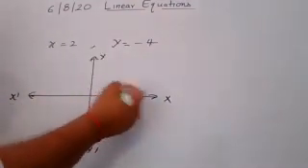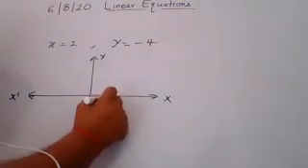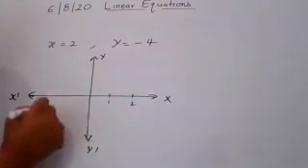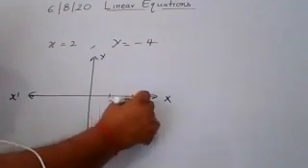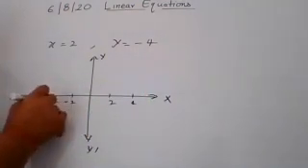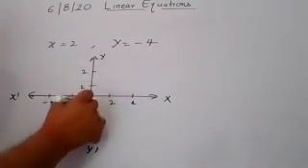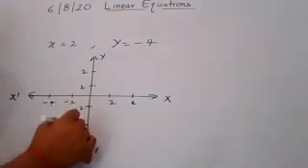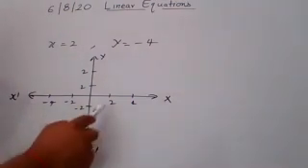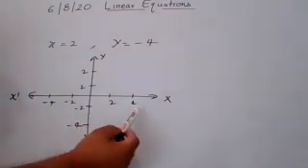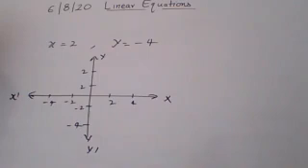On the axes, take the points by assumption: 10 divisions on the graph is taken as 1 here, and here you can take 2, 4, minus 2, minus 4. Similarly on the y-axis you can take 2, 4, minus 2 and minus 4.